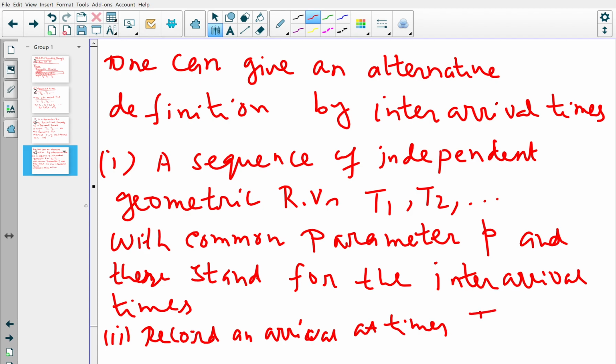So T1 will be the first arrival, and then T1 plus T2 will be the second arrival, and then T1 plus T2 plus T3 the third arrival, and so on. Okay, this is arrival. So by this also, one can define the geometric random variable by inter-arrival times.